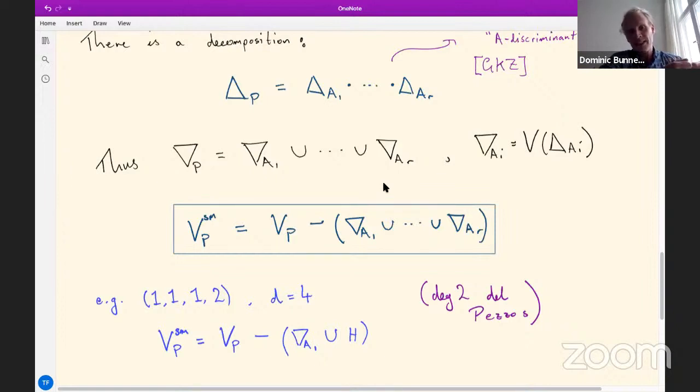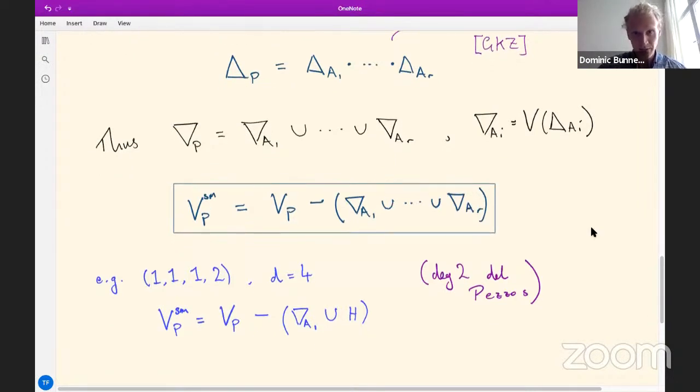And actually the result is that you only look at the faces of the polytope which correspond to singular torus orbits. Then you look at the A discriminants associated to those faces, and they give a contribution in the form of another hypersurface. And you can get this description of this discriminantal locus inside this vector space VP.